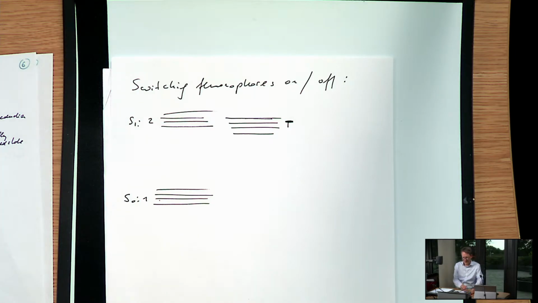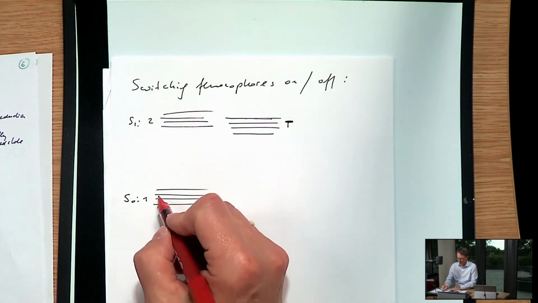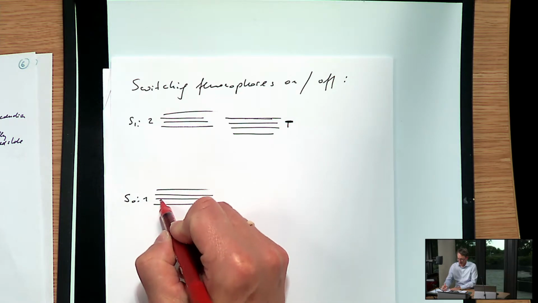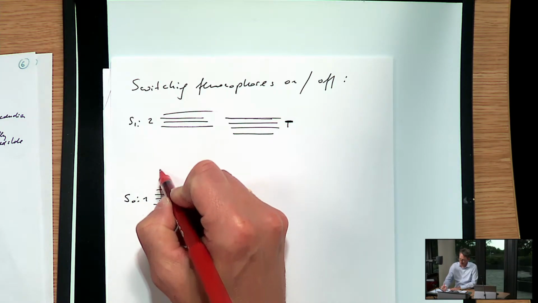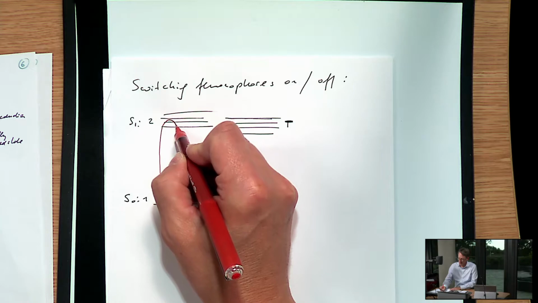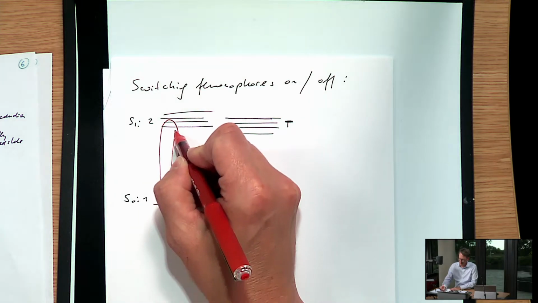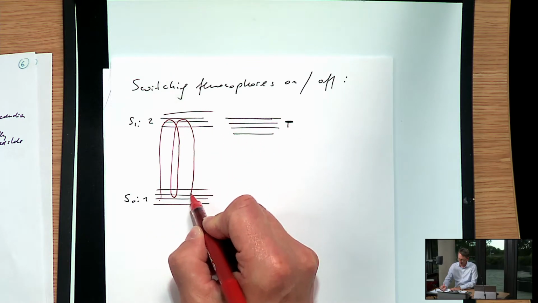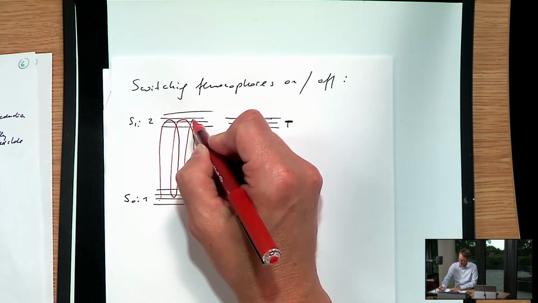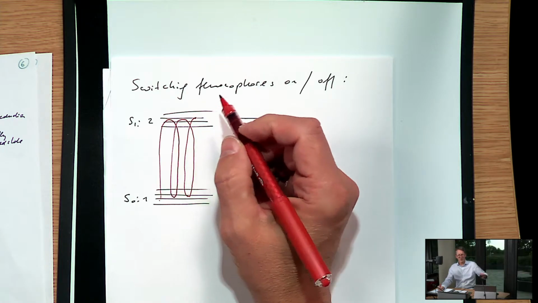Usually when we excite fluorescence, I'm just drawing this now pictorially, a photon excites the system. It comes back down either by quenching or by fluorescence. I can pump it back up again in the molecule and so on, pump it back down and so on. And I can do this cycle many hundreds of times.